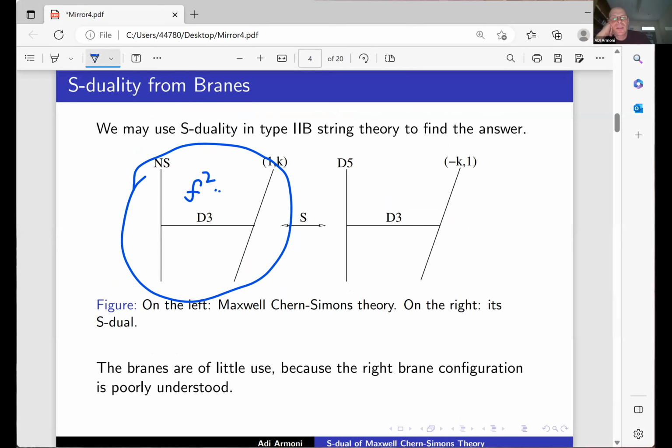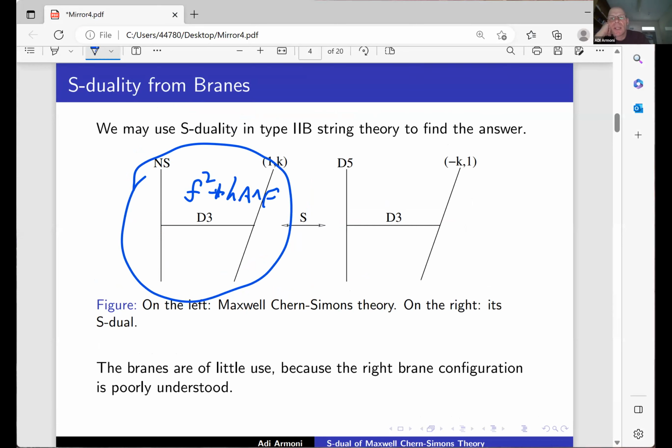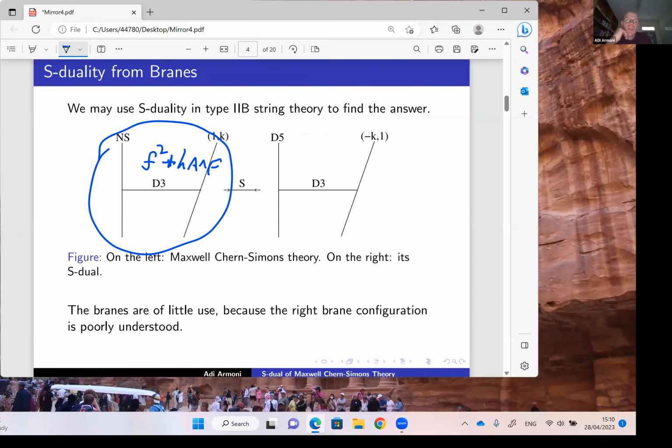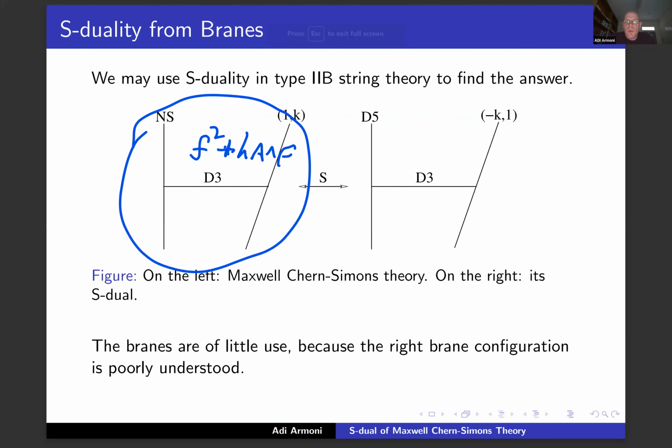plus k A wedge F living on the left brane configuration. And then naively, if we could sort out what is the theory that lives on the S-dual, to construct the brane configuration is easy. The D3 is replaced by a D3, then the NS5 by a D5.